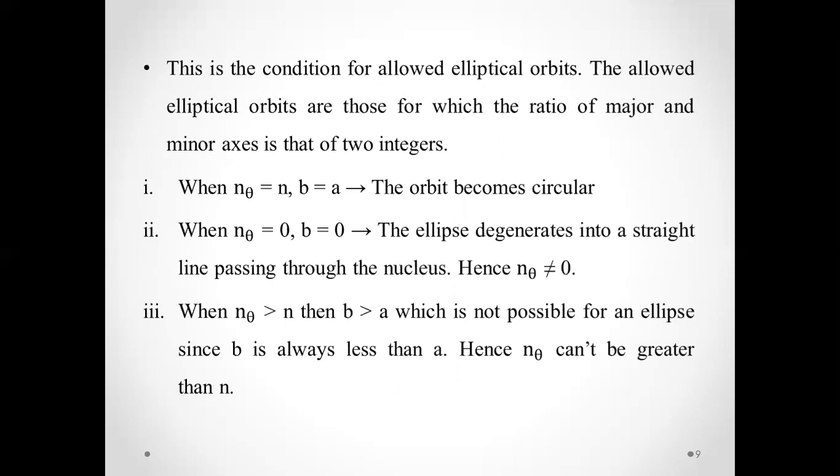Hence, n theta cannot take 0 value. The third condition is when n theta is greater than n, then b must be greater than a, which is not possible for an ellipse since b is always less than a. Hence, n theta can't be greater than n.